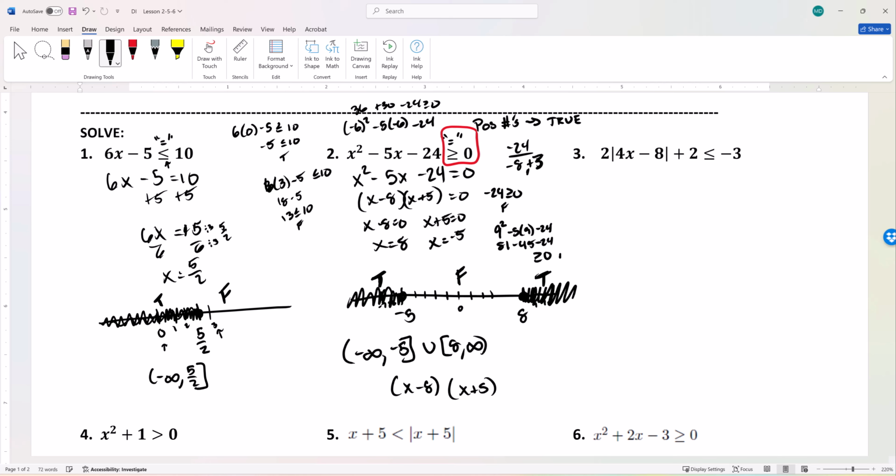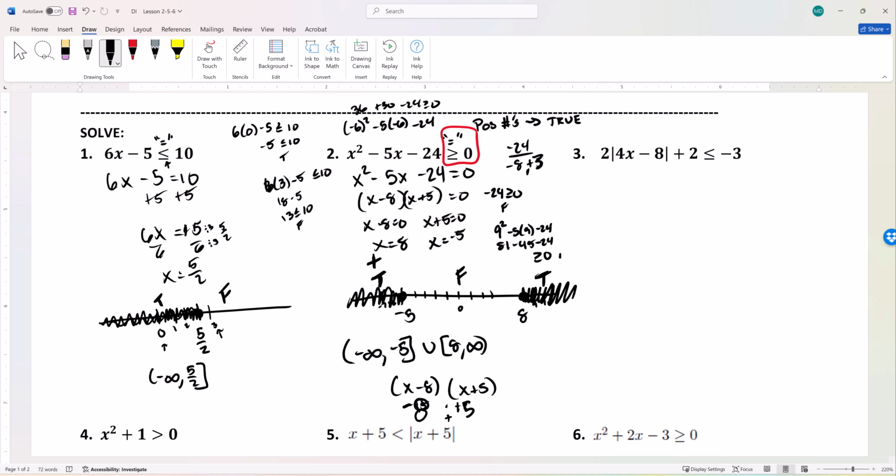If I plugged in negative 7, I get negative 15. If I plugged in negative 7, I get negative 2. Negative times a negative is a positive. This is positive. If I plugged in 0, you get negative 8. If I plugged in 0, you get positive 5.